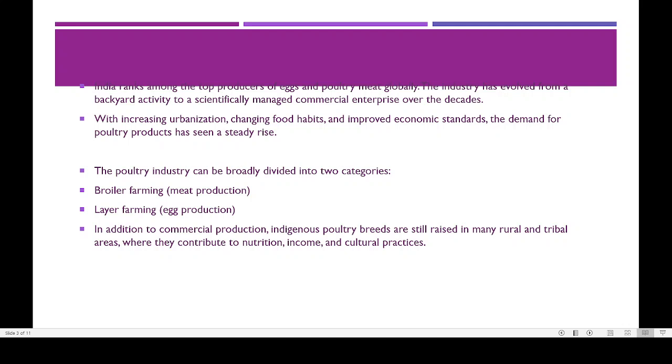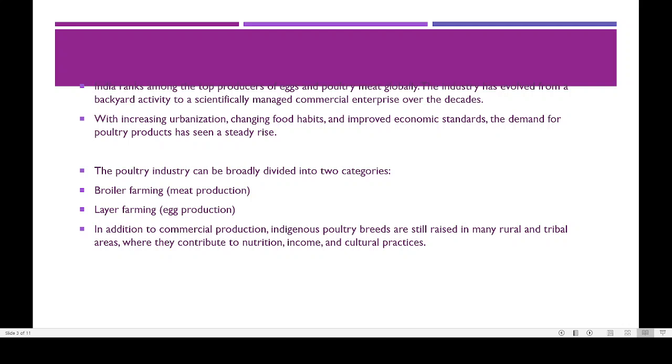Then from that level, in many villages, it has grown into an industrial level activity. Instead of rearing one or two hens, they will be rearing thousands of hens, producing a lot of eggs. So from a backyard activity, it has developed into a commercial, industry level enterprise.